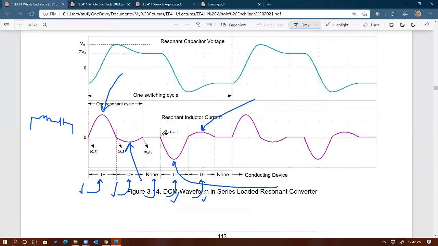The sign is different. The first one is negative Vx. The second one is positive Vx, but the magnitudes are equal. So that's why you have these symmetrical properties between the two peaks, the larger peaks and the smaller peaks. They're the same magnitudes, different signs, okay?